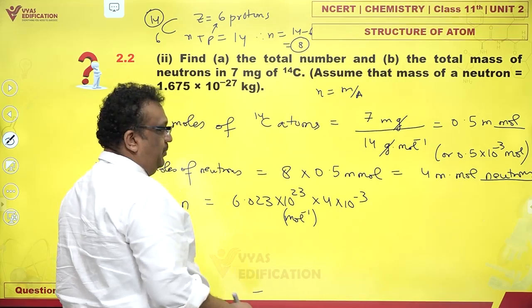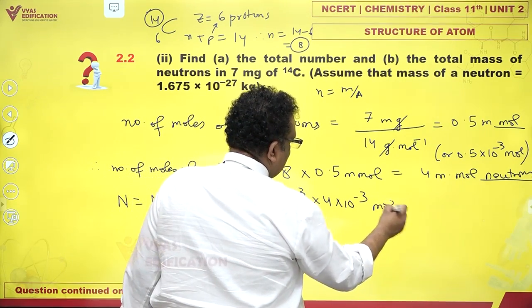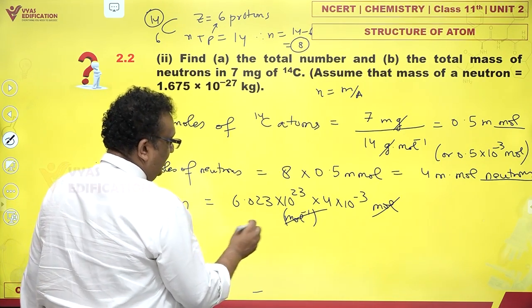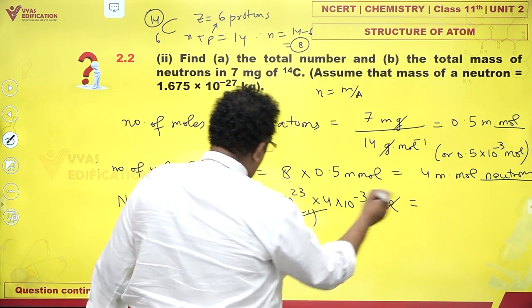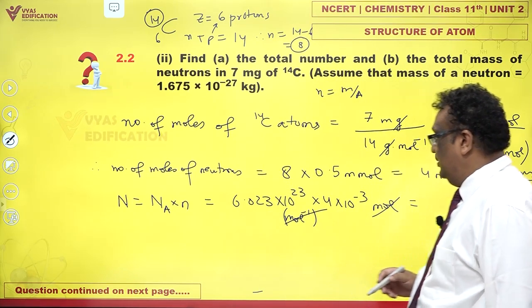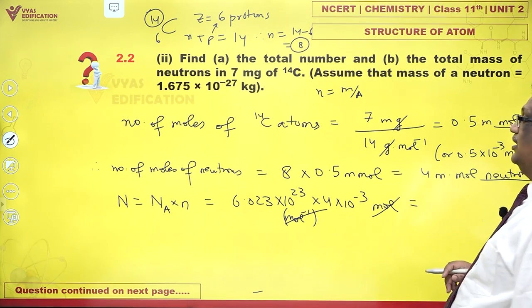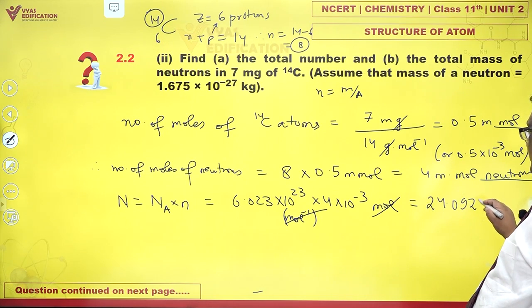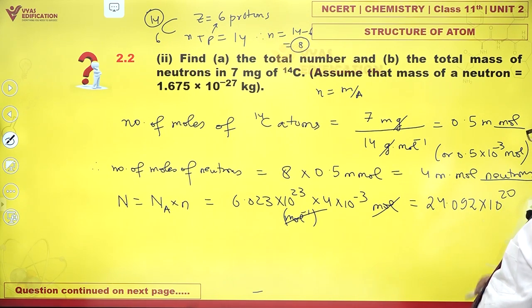Avogadro's number has a unit per mole, and this becomes mole. They can cancel away. How much do I get? Well, let's multiply by 4. So 23 4s are 92. So 24.092 into 10 raised to 20.